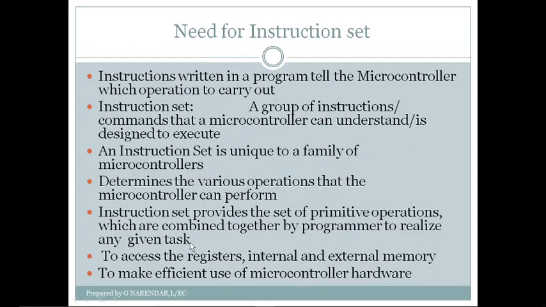So when a programmer wants to realize a given task using a microcontroller, the task cannot be realized by a single instruction, but it can be realized by a group of instructions written in one particular sequence, and each instruction is meant for a primitive operation. And when all instructions are executed, it means all primitive operations are performed, and the microcontroller achieves a given task.